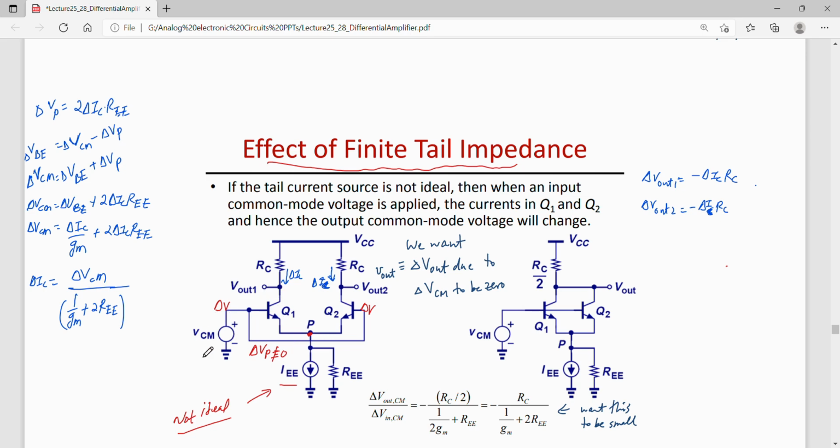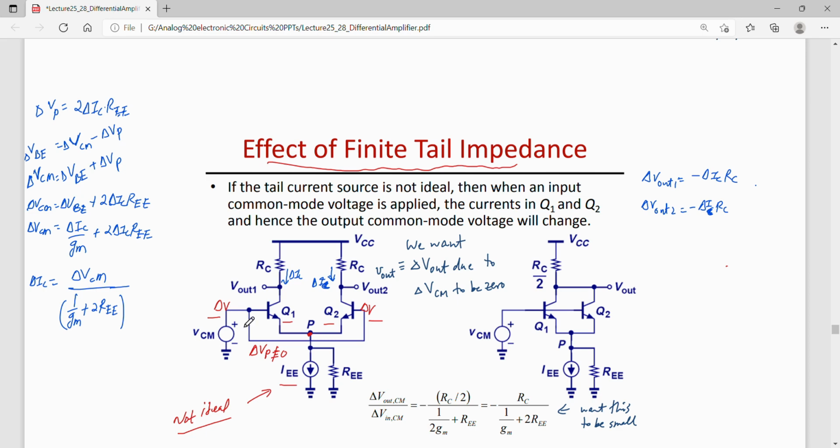So a small change in input voltage, let us say delta V, causes a change in current IC. That is, the collector currents of Q1 and Q2 will see a change because of this small signal change at the input. Earlier, when this source was ideal, we said that the currents of these two transistors have no effect if the common mode input voltage varies.